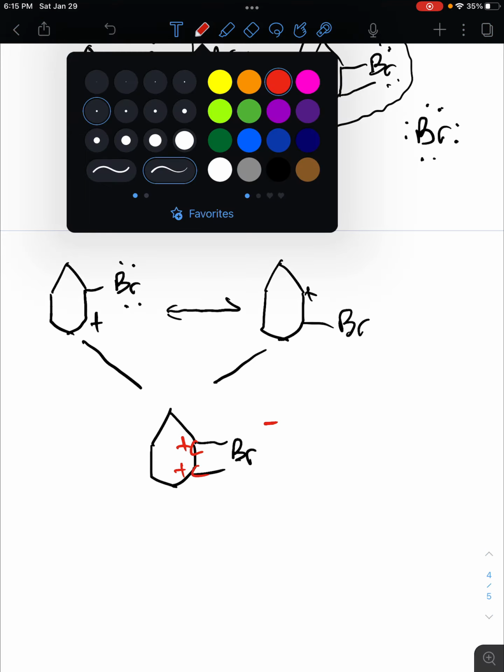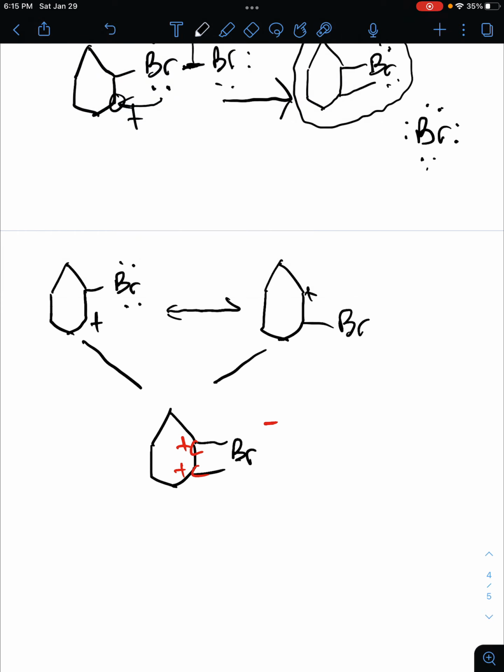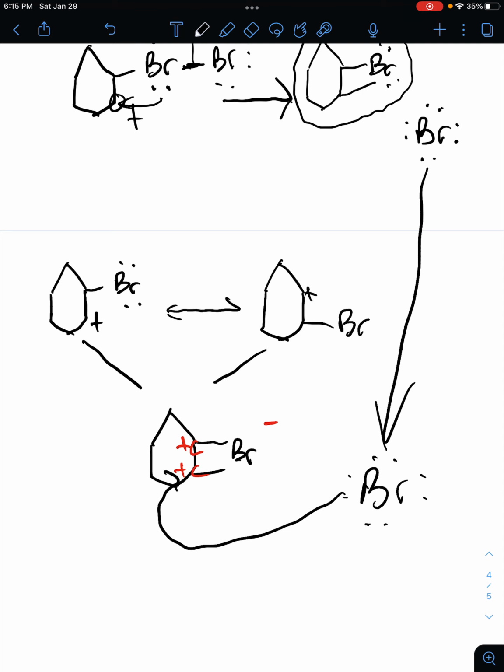What's going to happen from there is this bromine that we left up here is going to come around to the back side and attack one of these positive charges. It doesn't really matter which one it attacks, because if you have this reaction in a beaker or wherever else, you're going to have some attacking this side and some attacking that side.